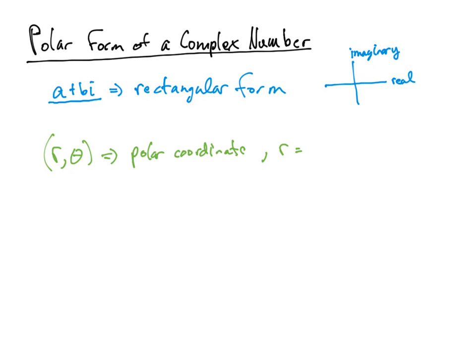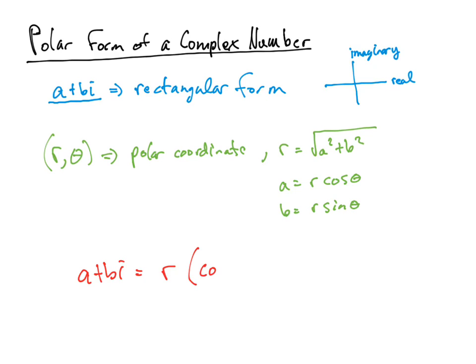Remember that r can be found with the square root of a squared plus b squared, with a equal to r cos theta, b equal to r sine theta. So putting this all together, to write the polar form of a complex number a plus bi, we say this is r times cosine theta plus i sine theta.